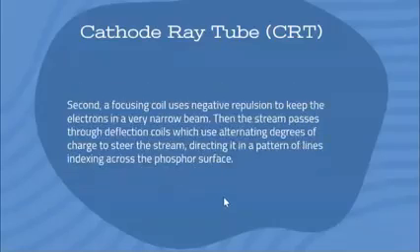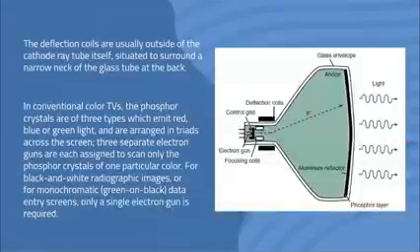Second, a focusing coil uses negative repulsion to keep the electrons in a very narrow beam. Then the stream passes through deflection coils which use alternating degrees of charge to steer the stream, directing it in a pattern of lines indexing across the phosphor surface. Okay. So the focusing coil is negatively charged, the same as your electrons.